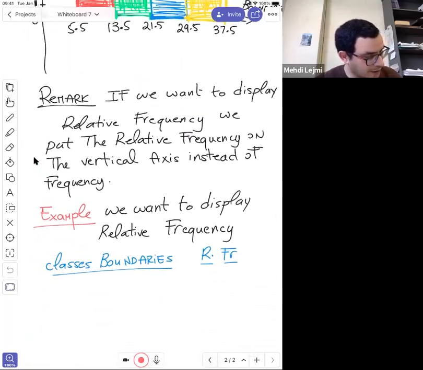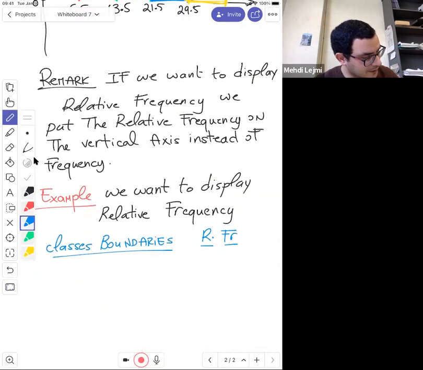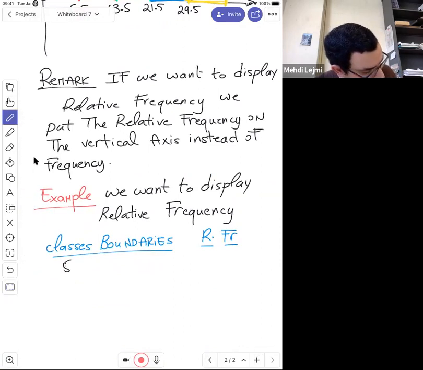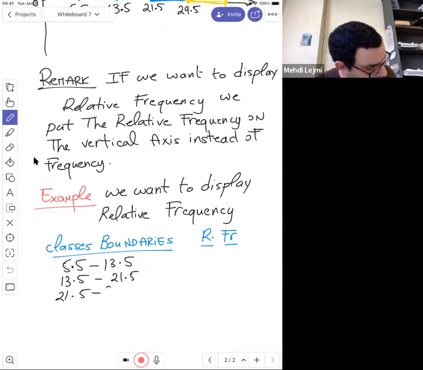So I'm gonna just write down very quickly here again the classes boundaries, so if you don't see them. Here's again 21.5 to 29.5, 29.5 to, I think 37.5.